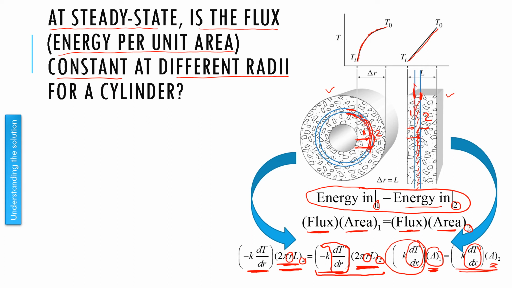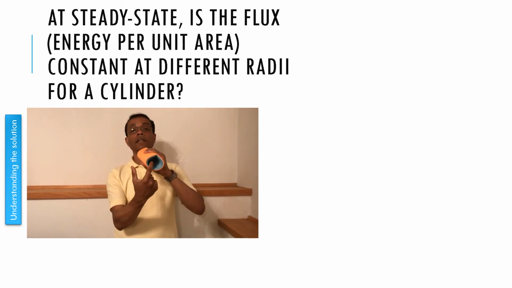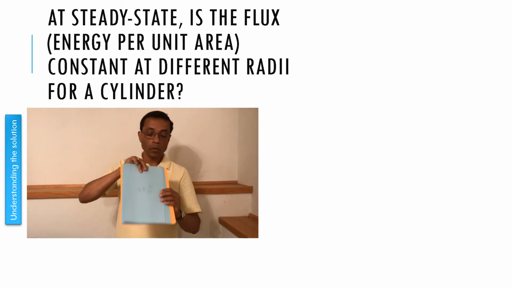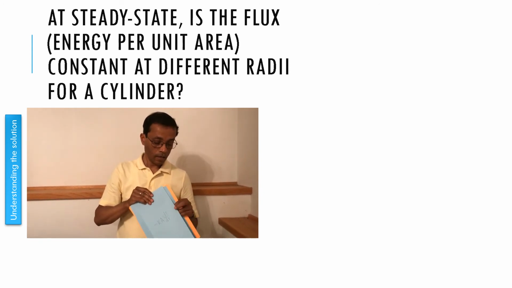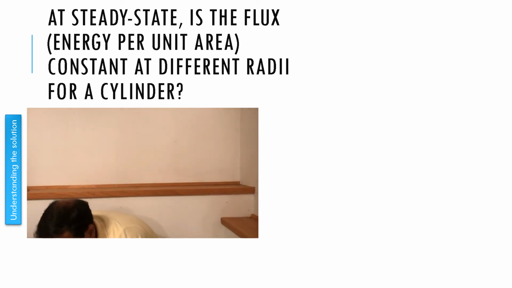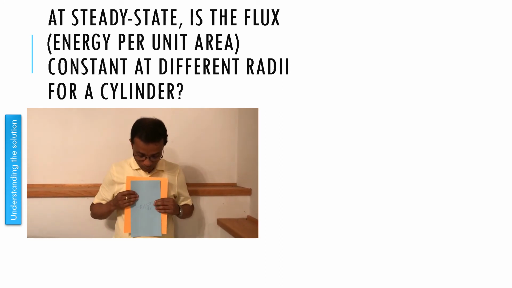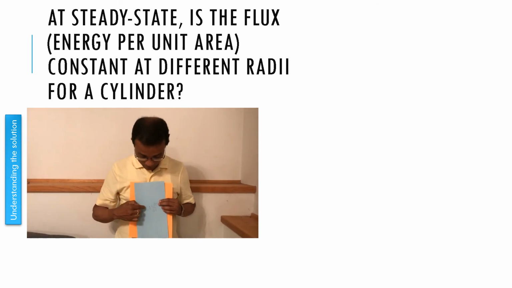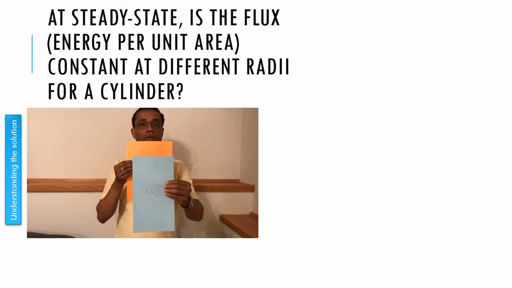And now you will hear the same idea from a physical example. Through each layer, at steady state, the same amount of energy flows. So if I take two layers, the innermost layer and the outermost layer, through both these layers the same amount of energy has to flow, which means minus k times the area times dT/dr has to be the same for the two layers.